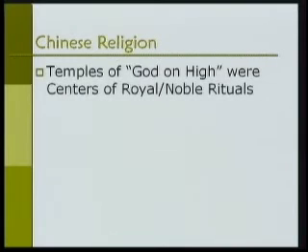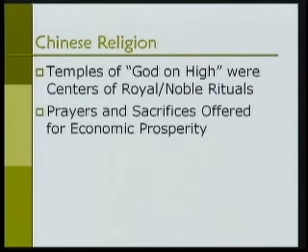Let's see further. Temples were created to God on high, as he is referred to. And these were centers of the rituals where the royal family and the noble families would go and offer sacrifices to God. So you see the rise of the temples too, made to God by the kings and great rich people.